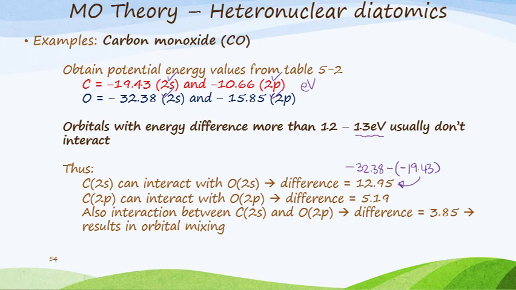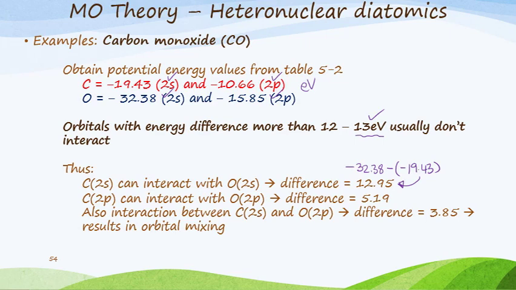Well, actually it's minus, but we're working with the actual values here, so it's the absolute value. So it's 12.95 electron volts, which is just on the cusp of this limit where I've told you that 13 electron volts is an interaction. So we're going to get an interaction with the carbon and the oxygen 2s. And obviously we're now going to get an interaction with carbon 2p orbitals and oxygen 2p orbitals.